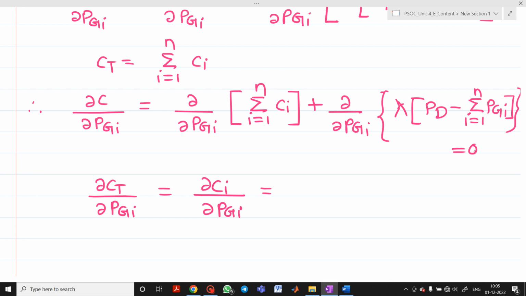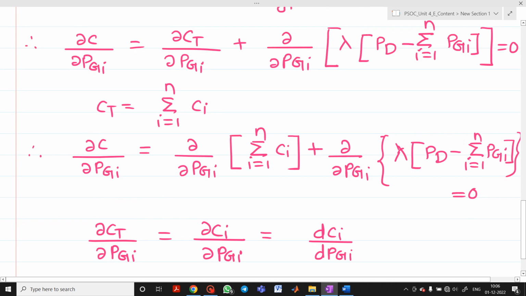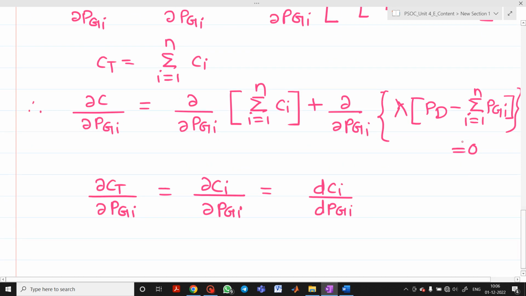So I can write ∂Ct upon ∂PGi equal to ∂Ci upon ∂PGi, which will be equal to dCi upon dPGi. Let me take this as expression number 4.